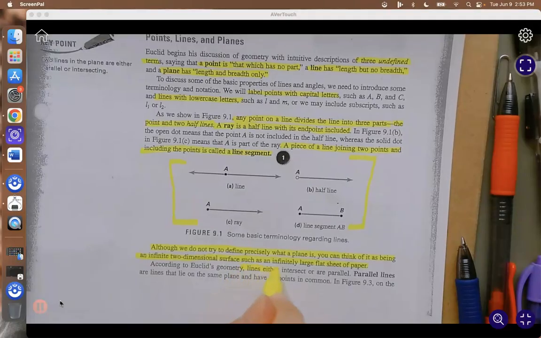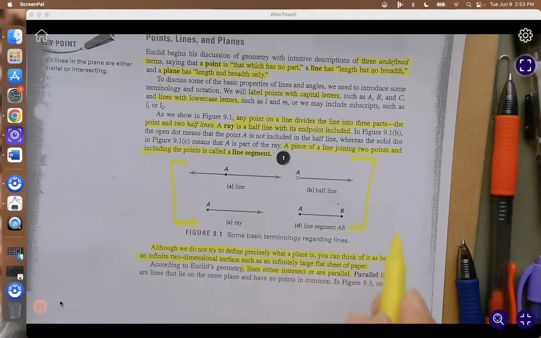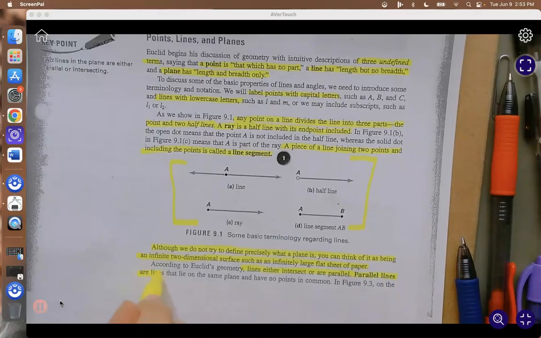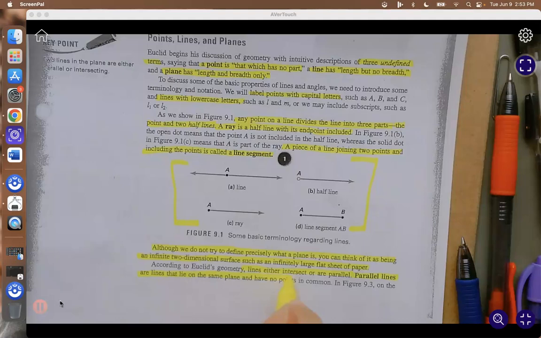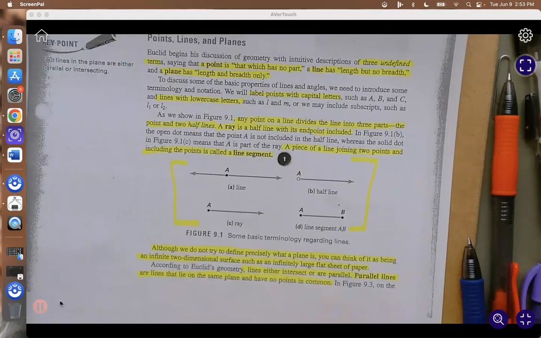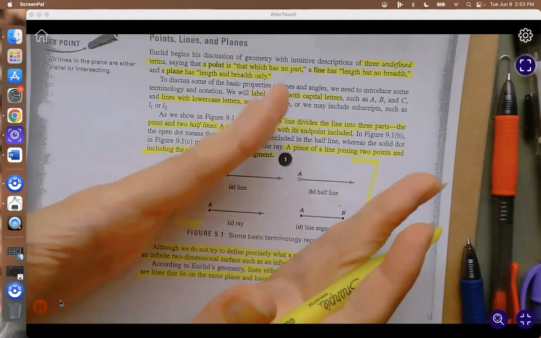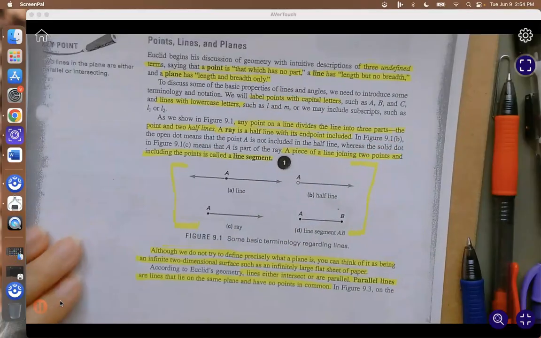Also, lines either intersect or are parallel, if you have more than one line. Parallel lines are lines that lie on the same plane and have no points in common. It's like train tracks. They run side by side, but they'll never touch.